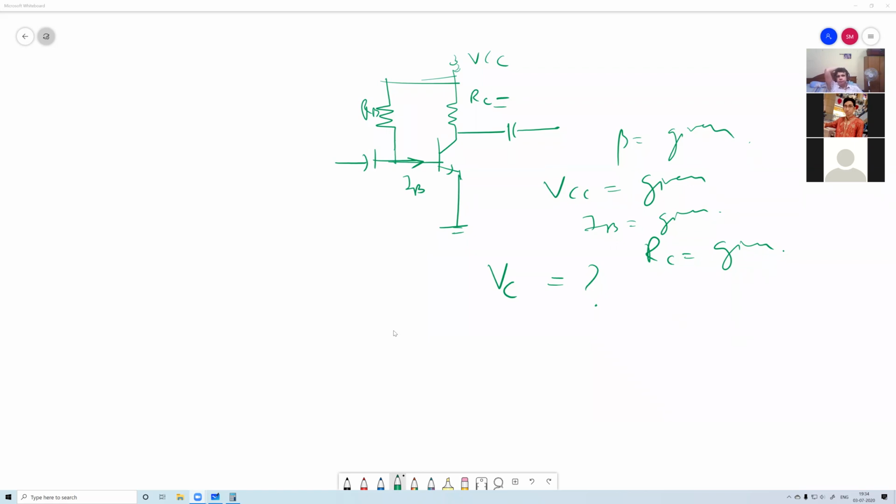Then what? We will have to write the two equations. Which two equations?